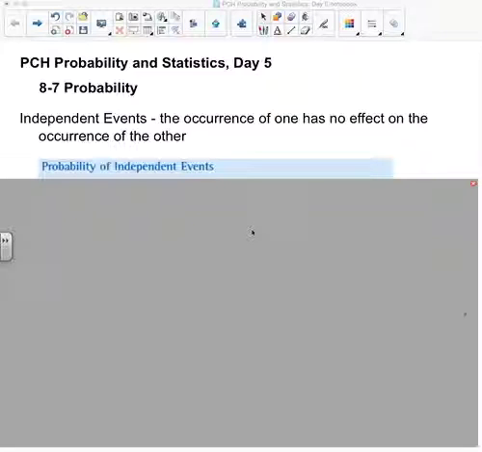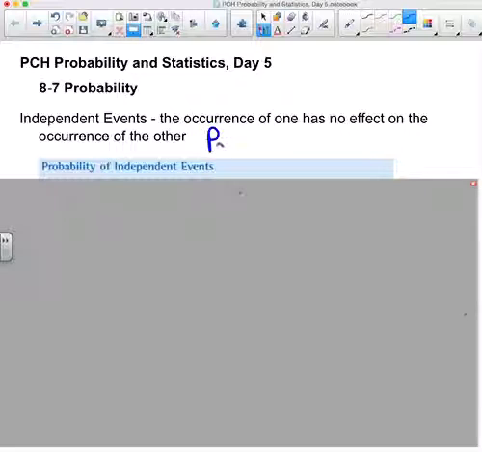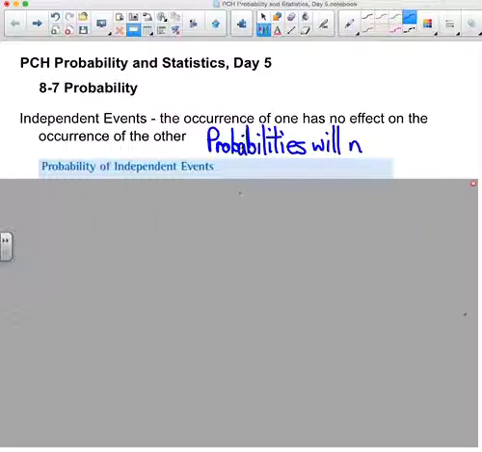In other words, a way to summarize this would be that no matter how many times you do this, or if you do one after the other, the probabilities will not change.